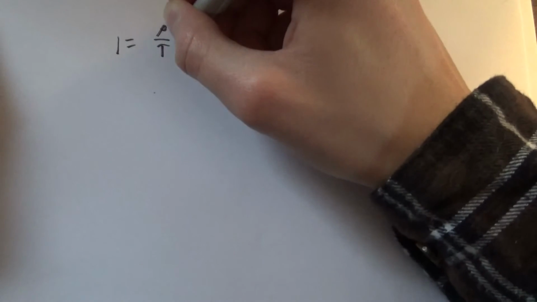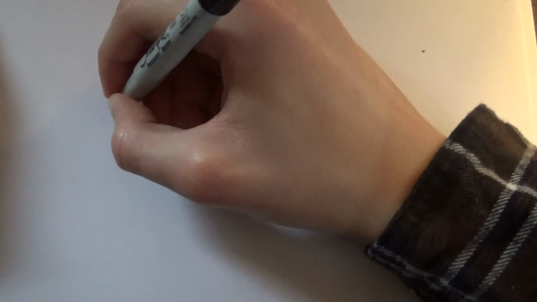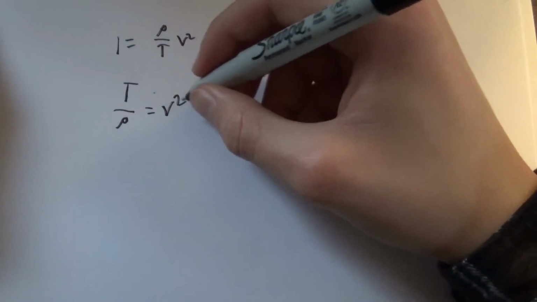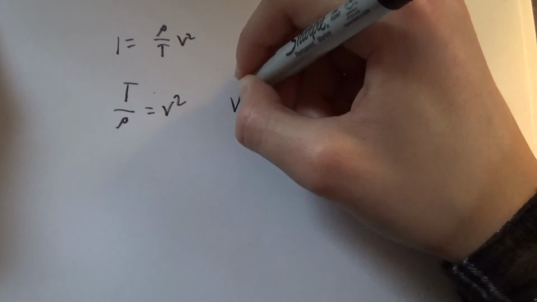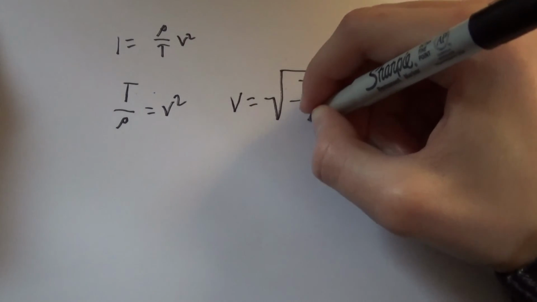From the original equation, 1 equals rho over T v squared, we invert rho over T and bring it over to the other side. So now we have T over rho equals v squared. And finally, we square root both sides, and we get v is the square root of T over rho.